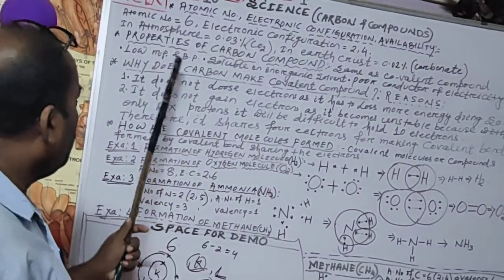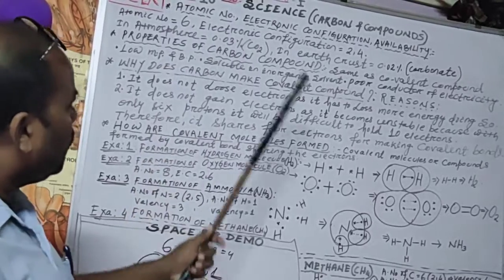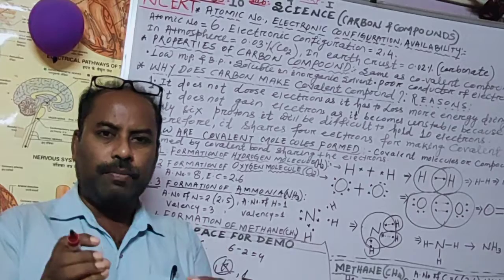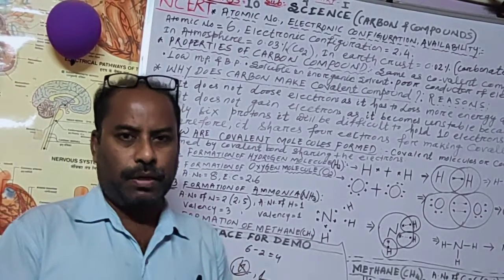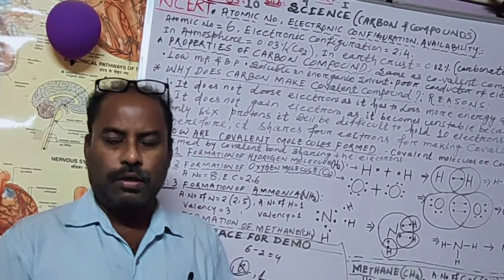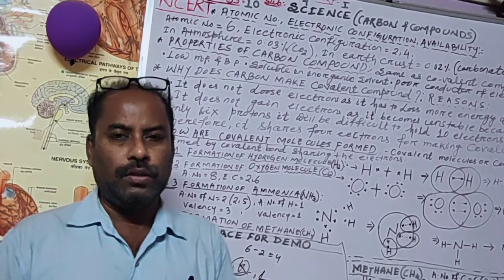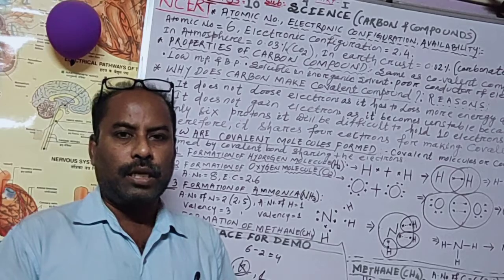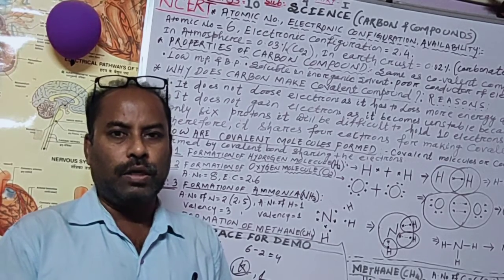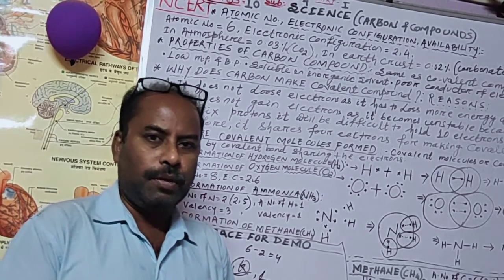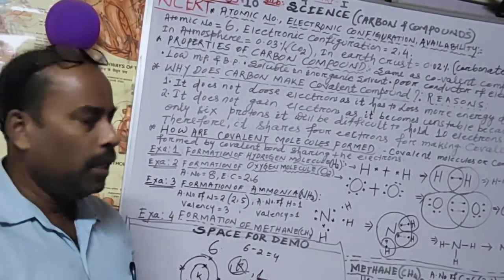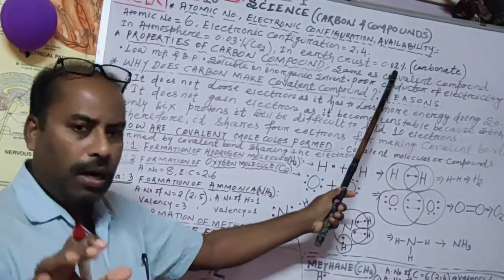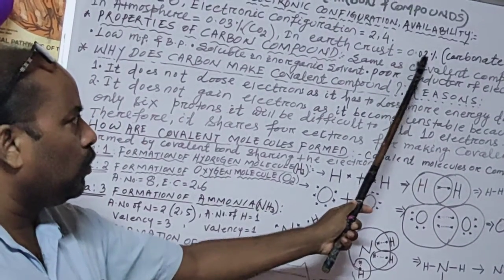Now we have to come to the properties and availability. Carbon is available in solid form as well as gas form. In the earth crust, in the soil, it is present in mineral form, carbonate form, that is in solid form, like calcium carbonate, sodium carbonate, etc., which is 0.02%.